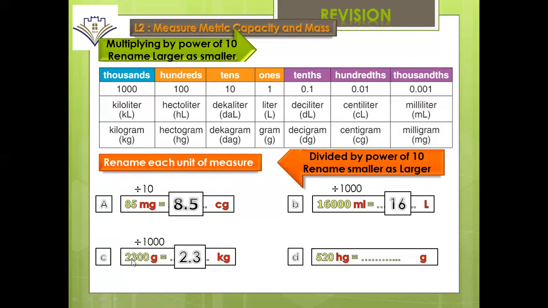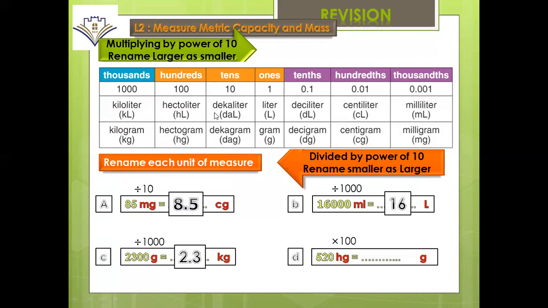Okay, letter D. 520 hectogram equals dots gram. Which one is bigger? From larger to smaller. Then do we divide or multiply? Multiply.